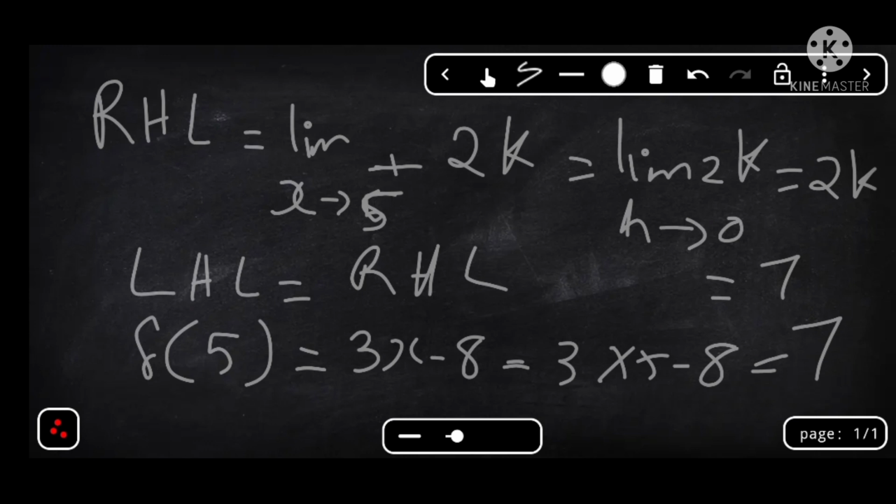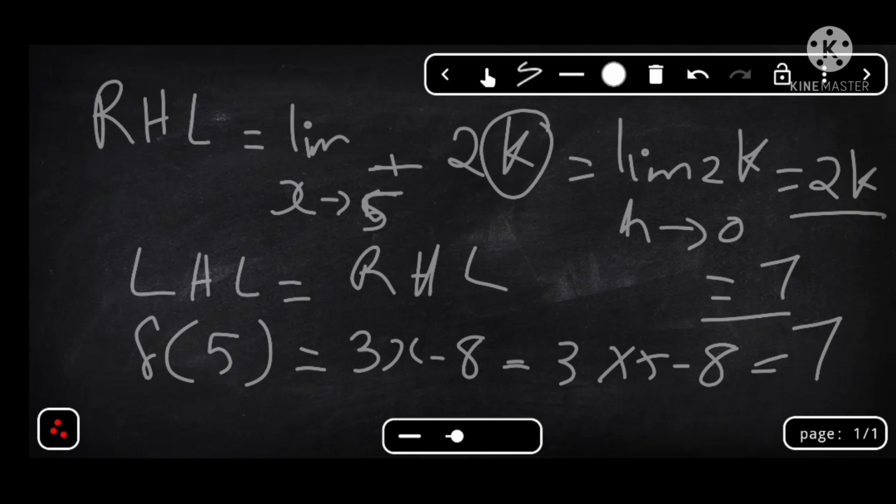We are supposed to find out this k. Since we have been given an unknown variable k, we need to find it.